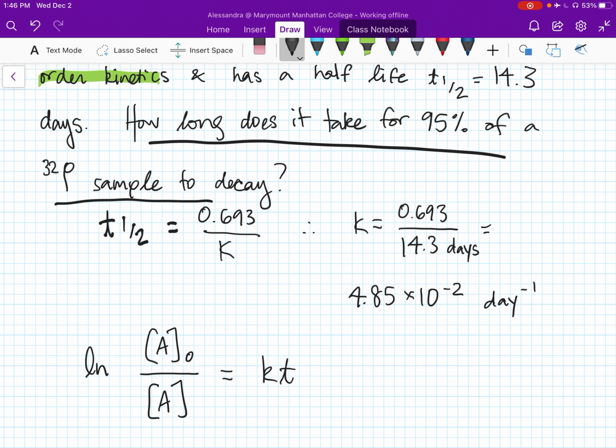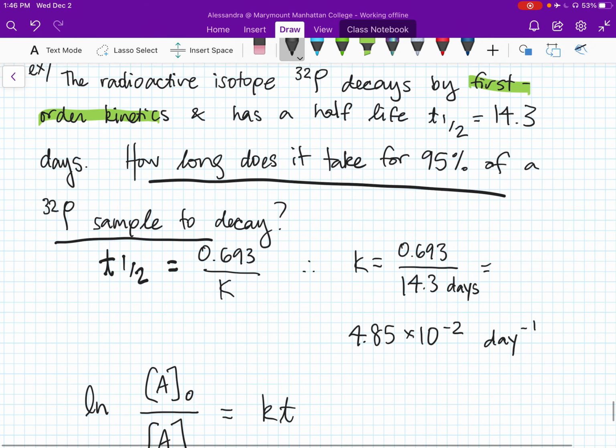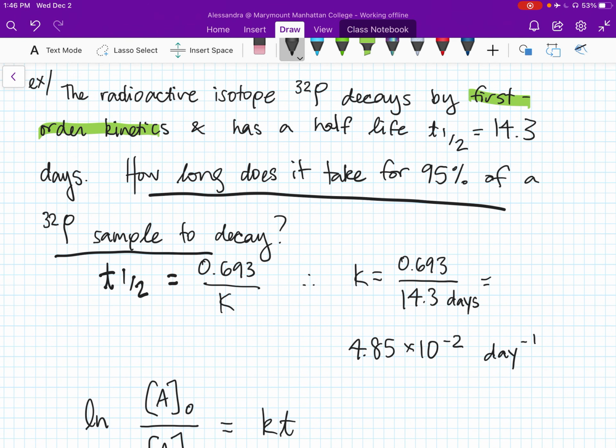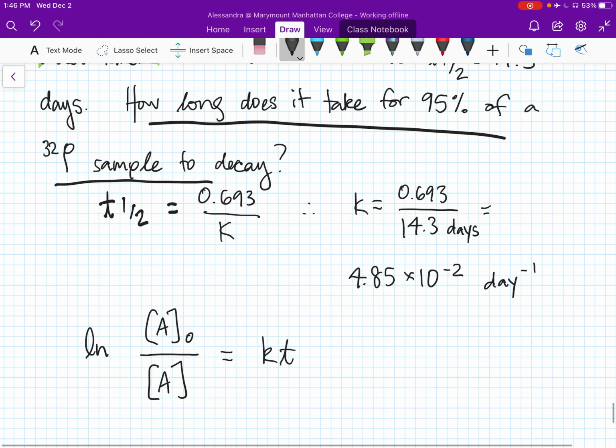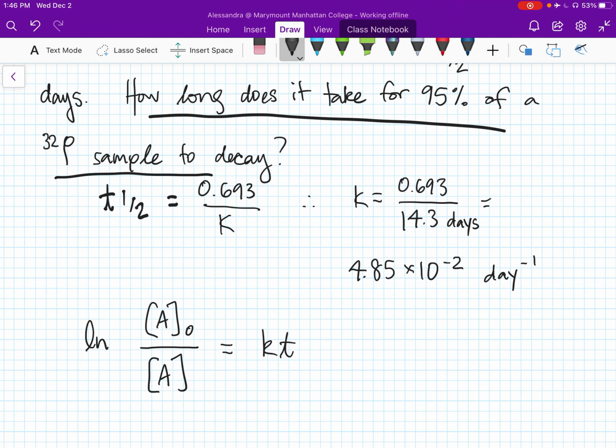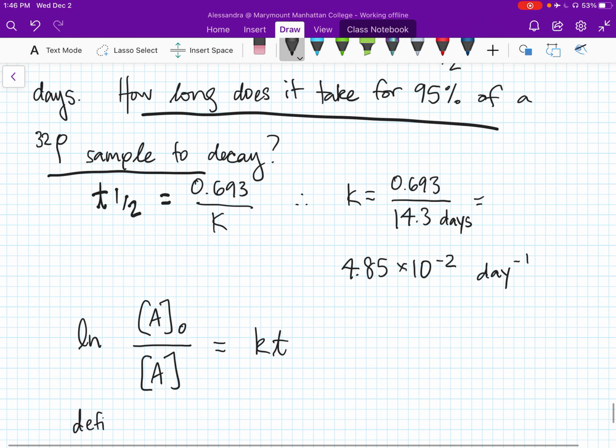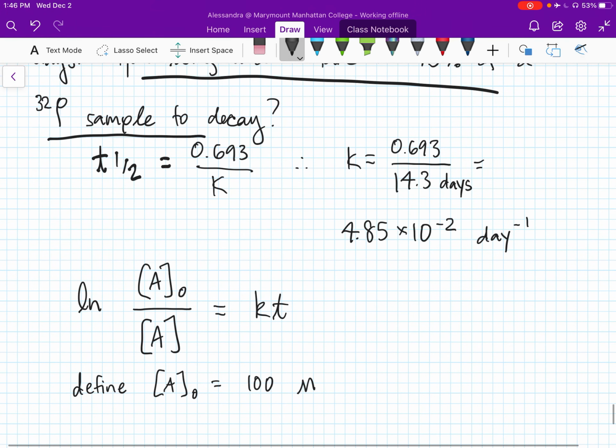So now I have to figure out what to plug in. Let's look at the problem for a second. I don't know any concentrations, but I know that I want 95% of a sample to be gone. So whenever I'm dealing with percentages, I think it's useful to just assume I have 100 of whatever to start out with. So I'm going to say that my initial concentration, A0, is going to be 100. Let's say 100 molar because I want it to be a concentration.